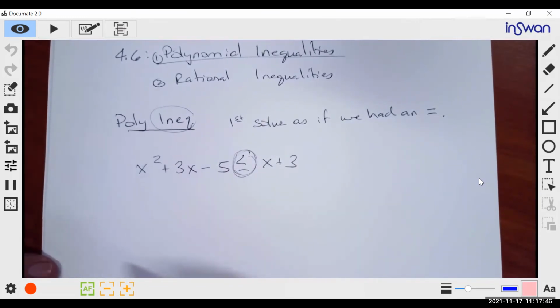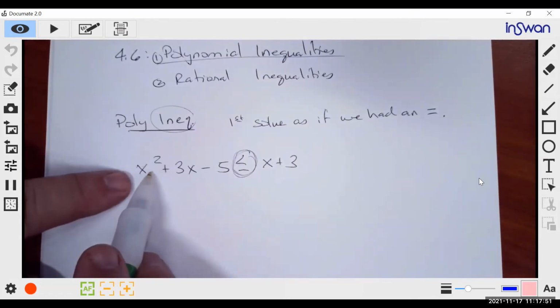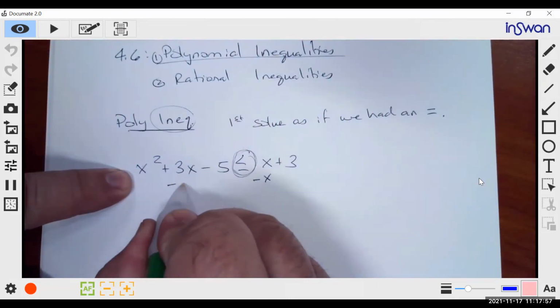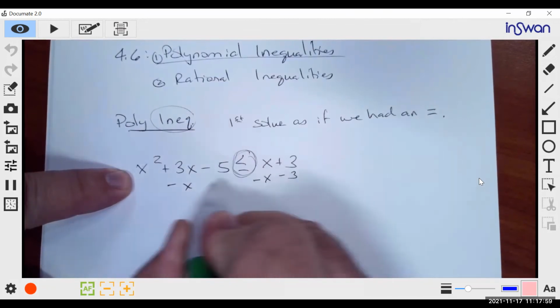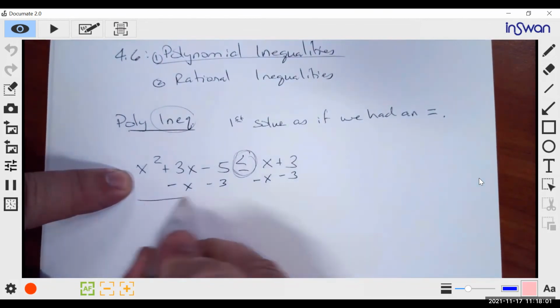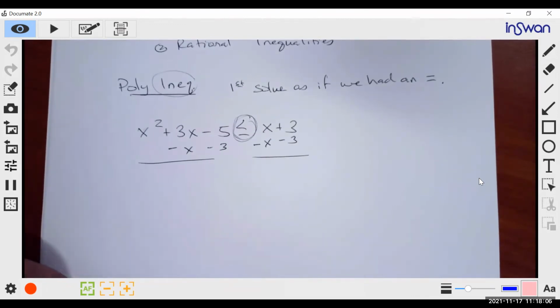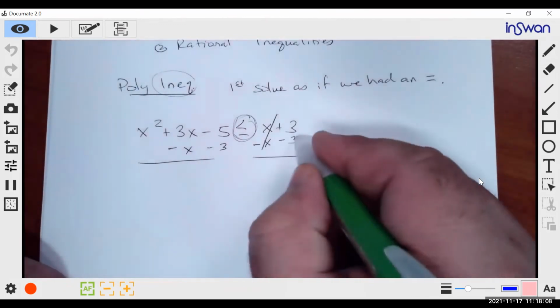Move everything to the side with the larger exponent. Fortunately, the larger exponent is on the left side, so we move everything to the left. We subtract x, and we subtract 3 from both sides. So those are gone.